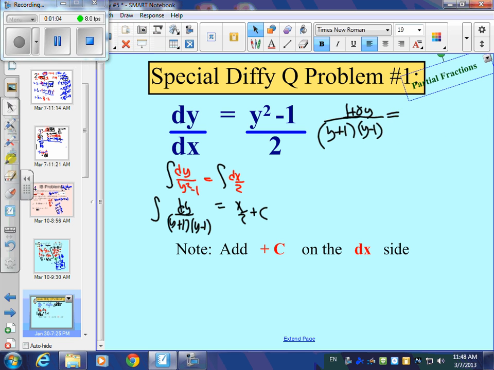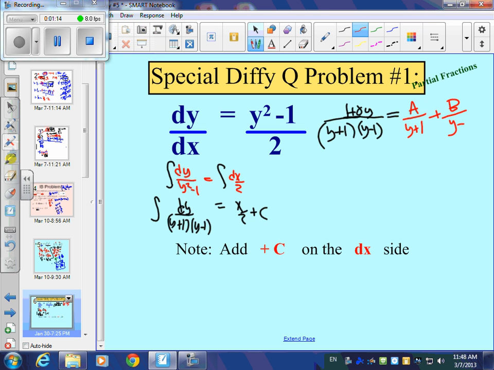So I wouldn't forget. And it's going to be equal to a over y plus 1 plus b over y minus 1. What was our first step for doing that? Yep, cross multiply. So here, or just get the common denominator. Y plus 1, y plus 1.